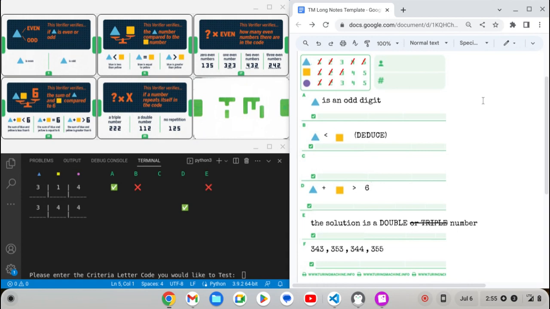And the first one's always odd. Okay, so 3, 5, 3 and 3, 5, 5 have 0 evens, the sums are both greater than 6, and they're both double.